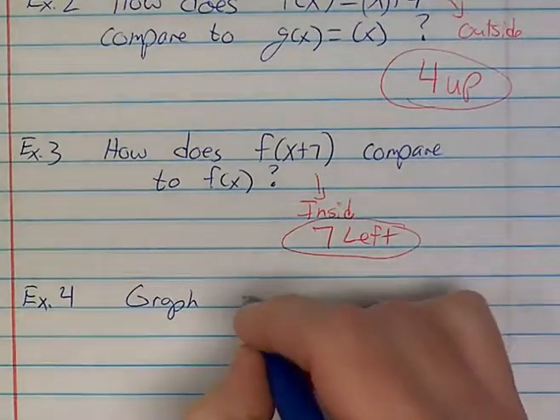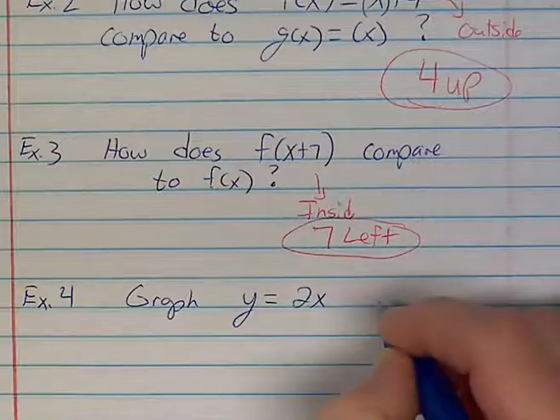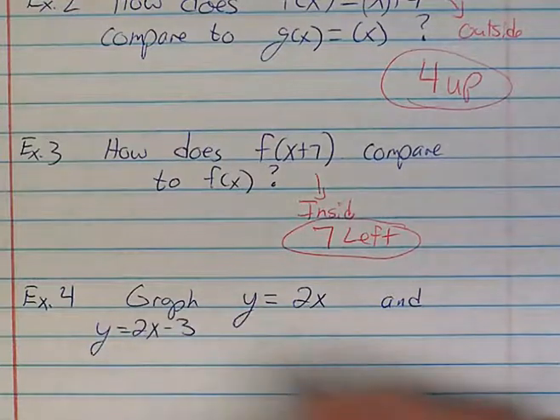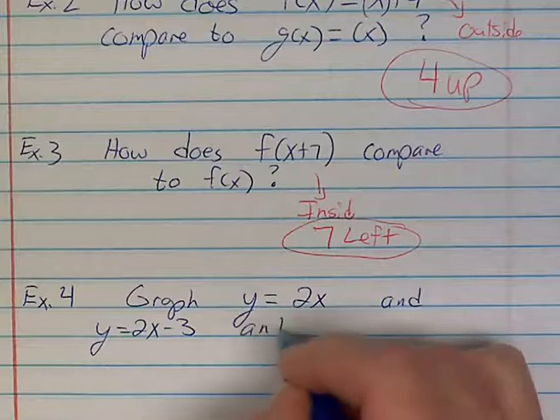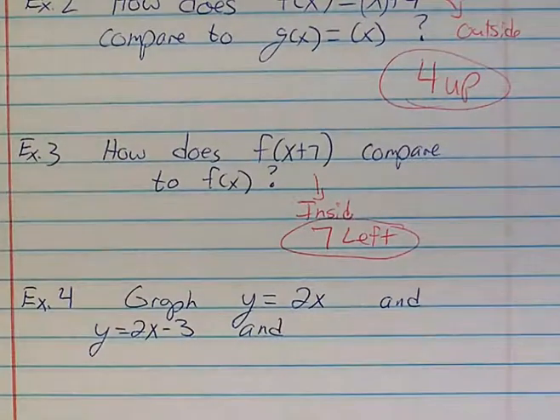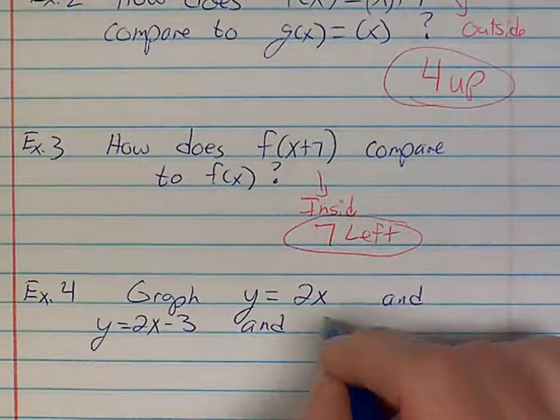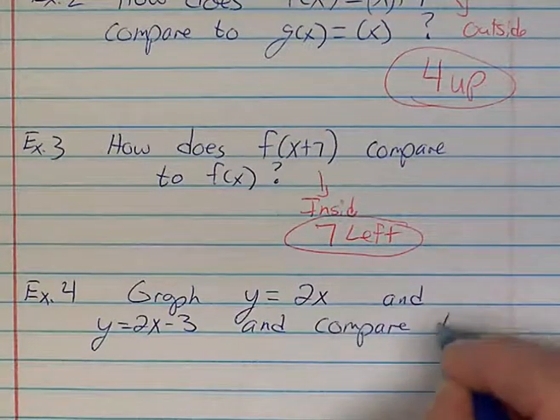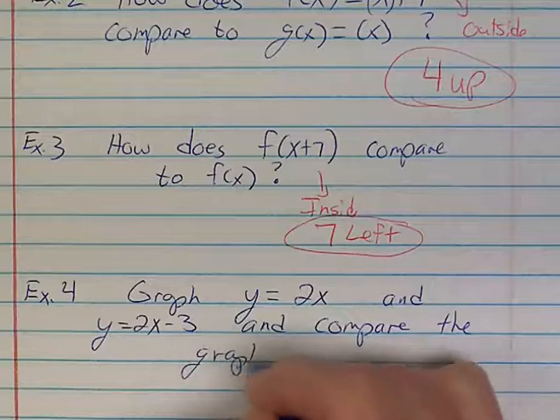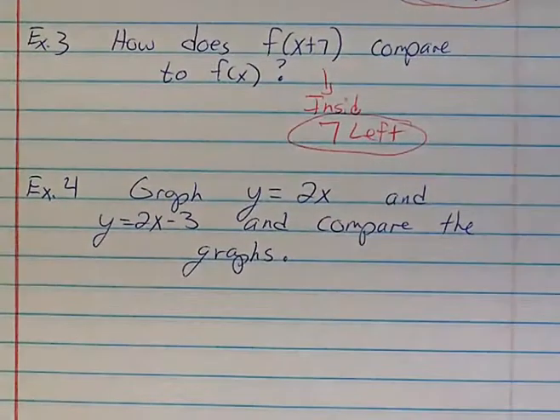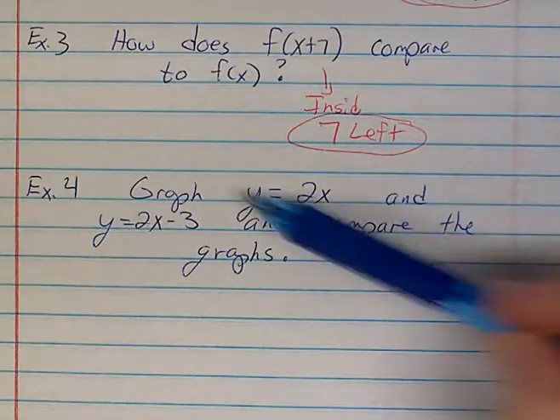They may ask you to graph y equals 2x and y equals 2x minus 3, and tell how they're different or compare the 2 graphs. Or they may word it the same thing back up here. How does y equals 2x compare to y equals 2x minus 3?